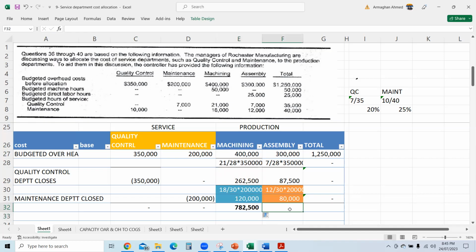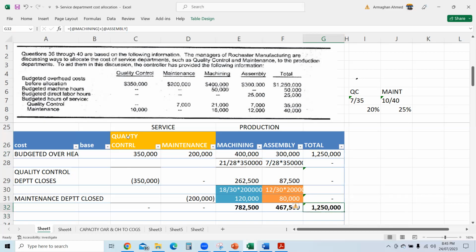What will be the cost of assembly? 300, plus 87,500, plus 80. That's 467,000. If I add all this horizontally, it will be the same, right? 1250, remaining 1250.